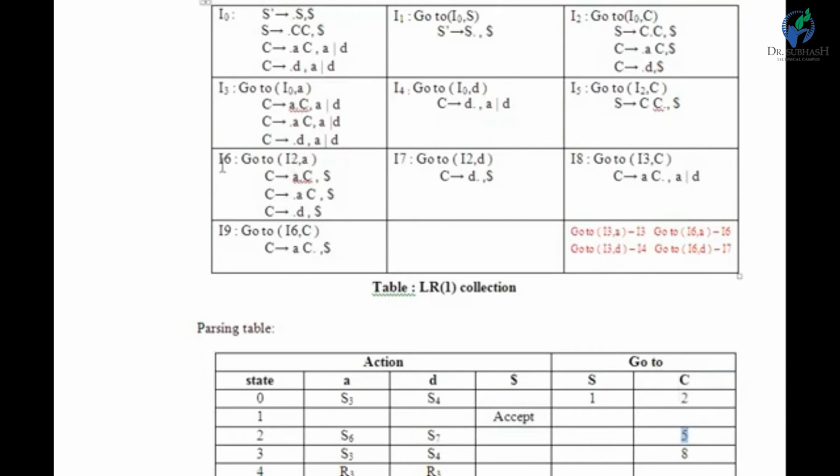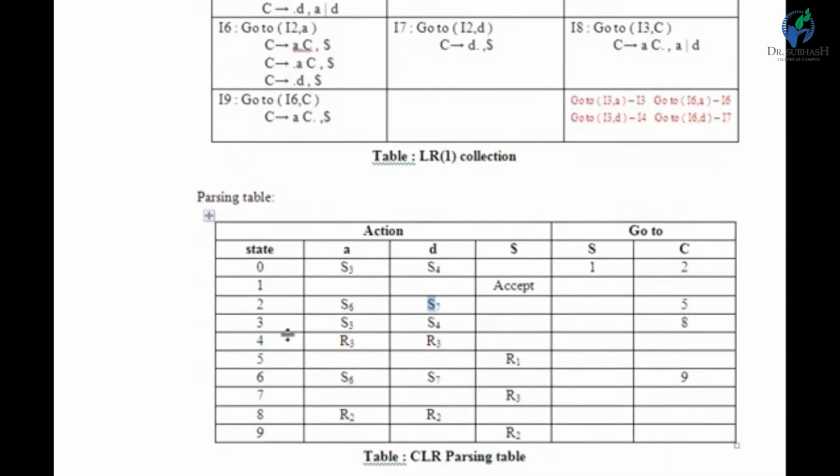Next 2 on A is 6, so 2 on A is S6. 2 on D is S7. 3 on C is 8. So 3 on C is 8. 3 on A is 3, and 3 on D is 4. So 3 on A is S3, and 3 on D is S4.